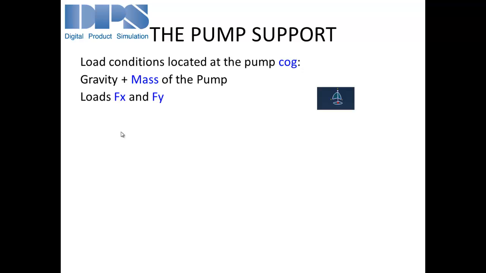About the load conditions. First of all, the load conditions are all located at the pump center of gravity. We will have the mass of the pump plus gravity, which will be applied to the whole model.